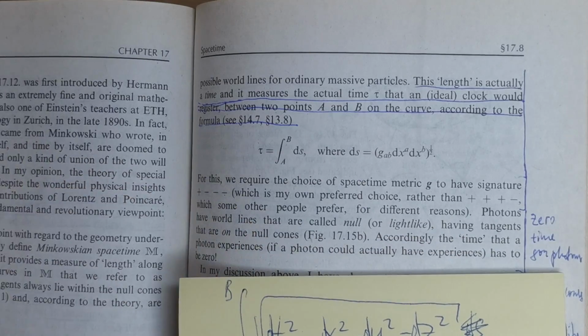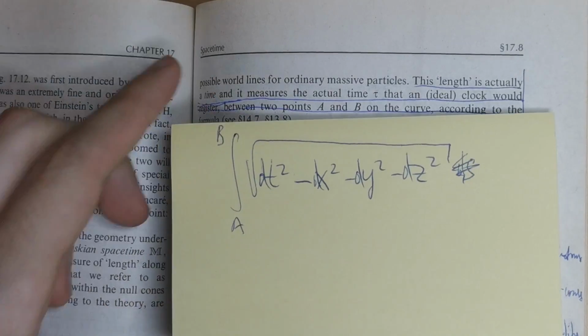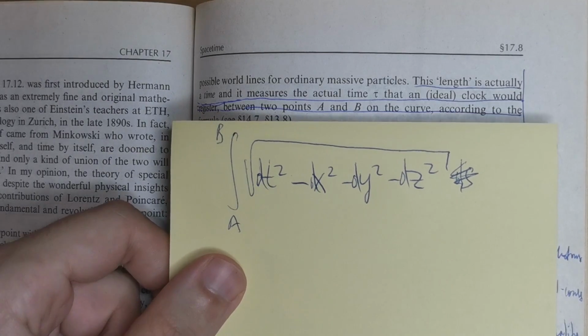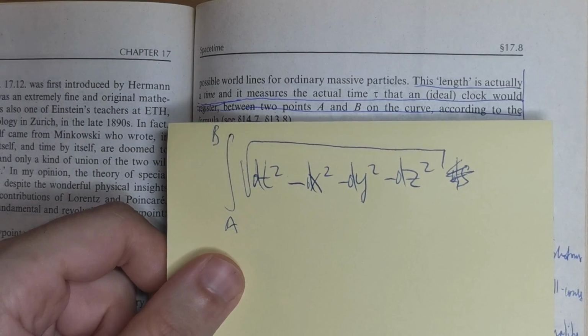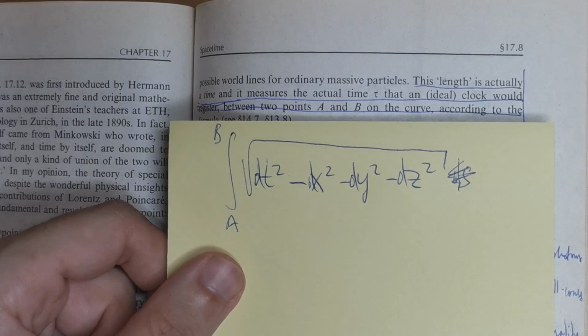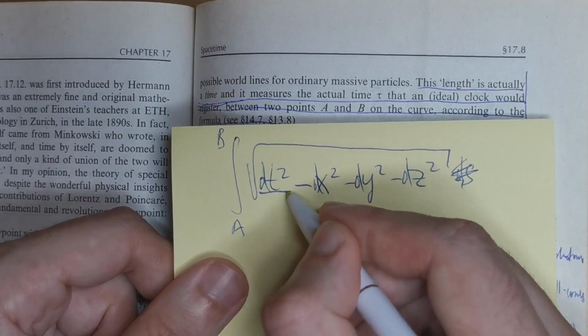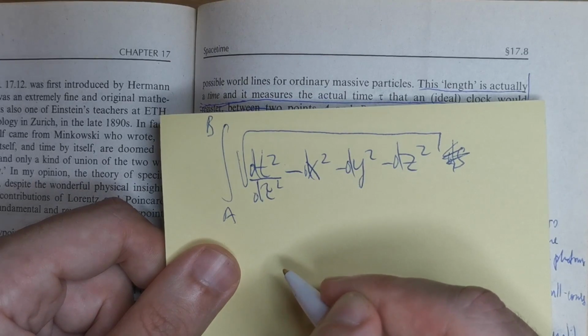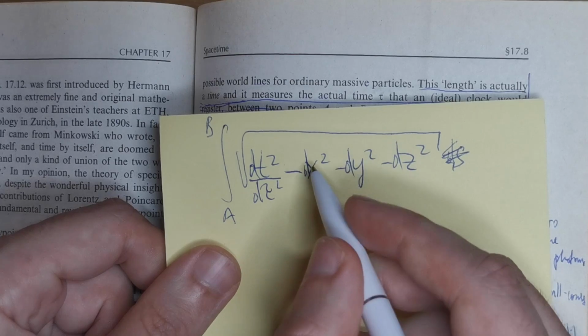So what you could do to get around this, there's something called the proper time, d tau. And you can multiply this integrand by d tau over d tau. So what you'd end up with is each one of these terms would be like dt squared over d tau squared. And you'll have something like this here, on each one of the terms.